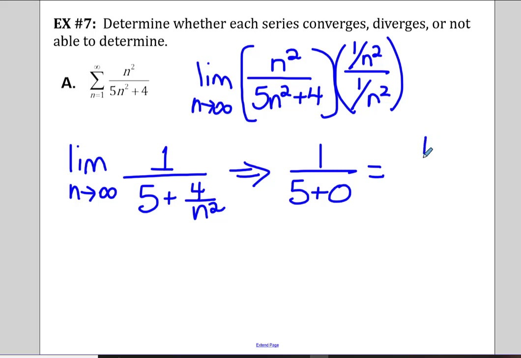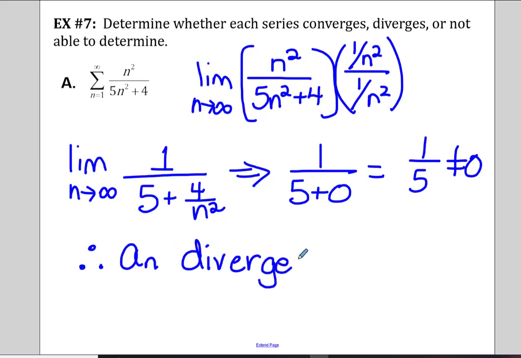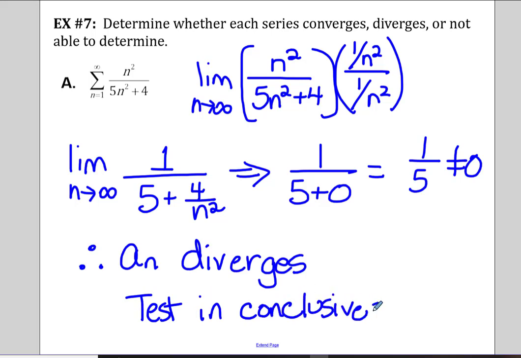So we get a limit of 1/5, and 1/5 isn't 0. Therefore, we can say that our a sub n diverges. The test is conclusive. It's the divergence test. The test tells us we have a divergent series.